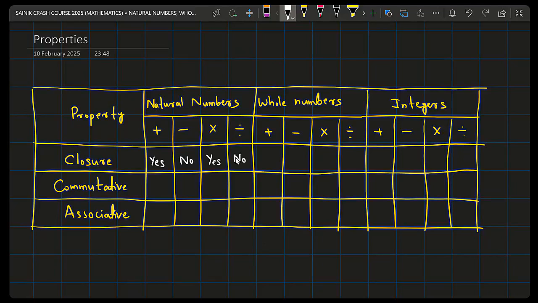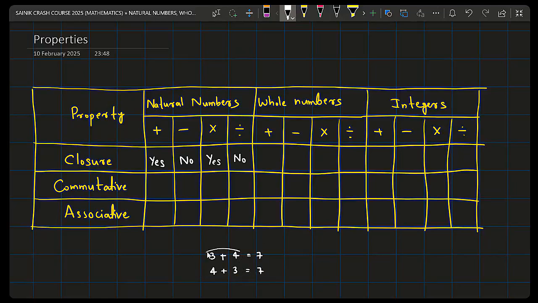Next, we discuss the commutative property for natural numbers. Okay, let's take 3 is a natural number, 4 is a natural number. If you add them, you get the answer 7. You change the order like 4 and 3, then you get the same answer 7.